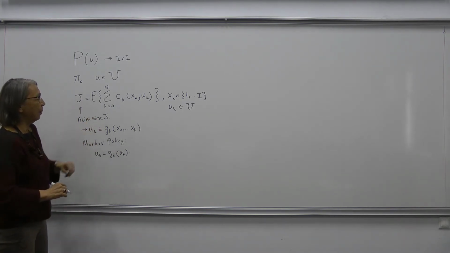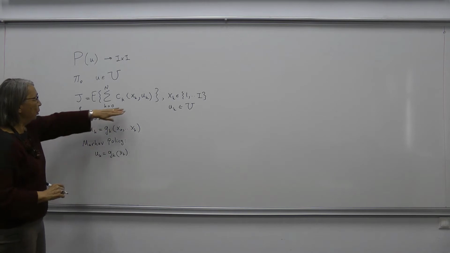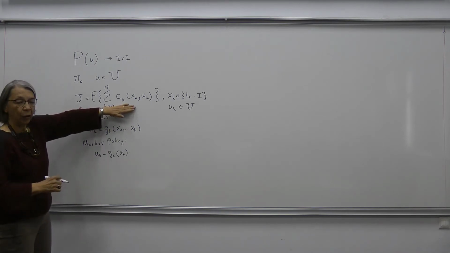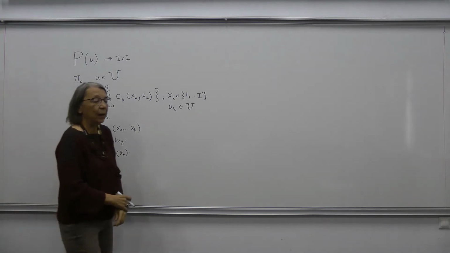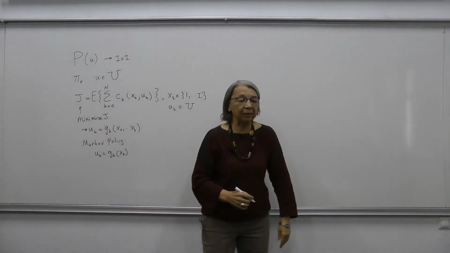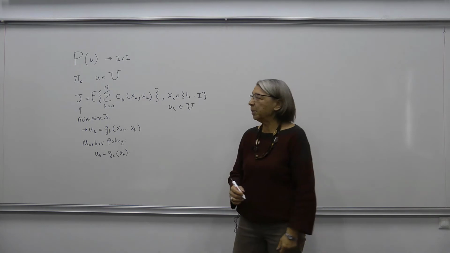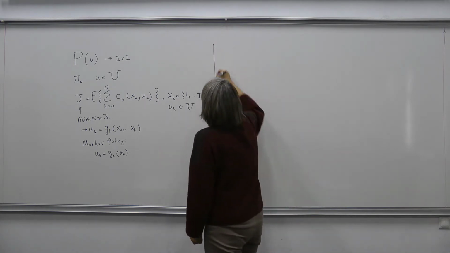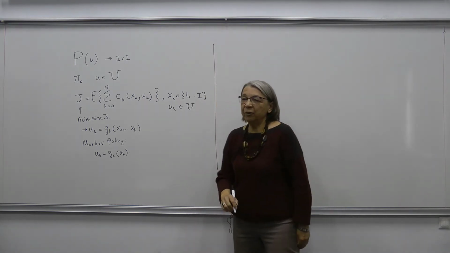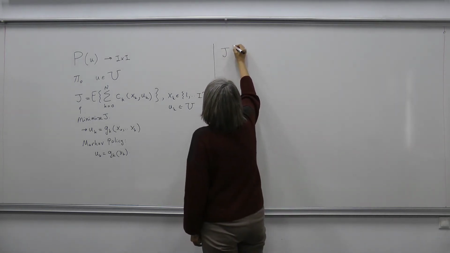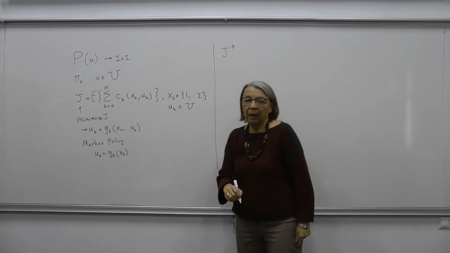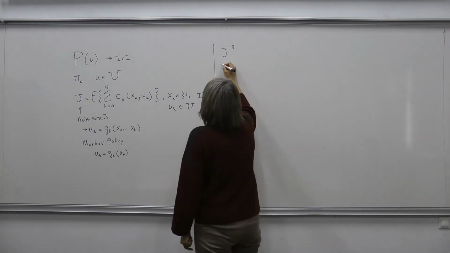So that is the summary of what we have done. And then furthermore, we have written this expected value as a summation, term by term, and we just said that we can obtain the value of the objective function recursively with respect to a given G there. So if G is given to us, then we define this J as J super G. And let me write what G is.